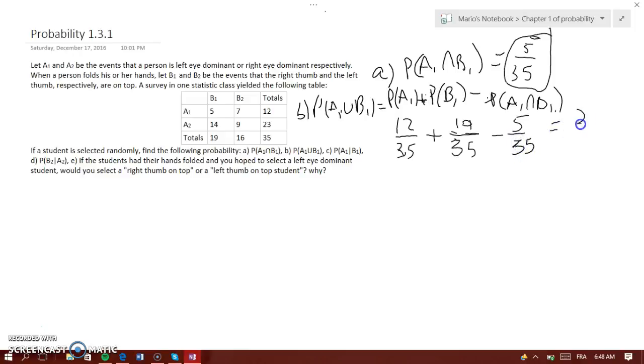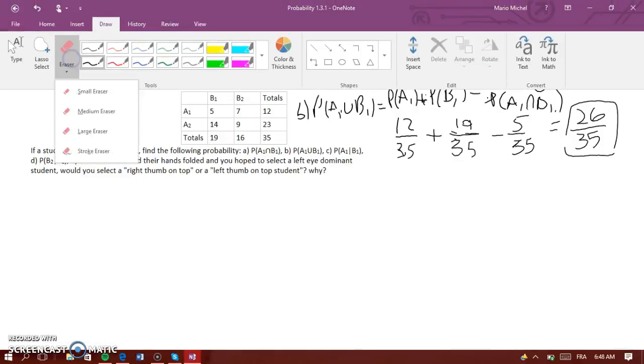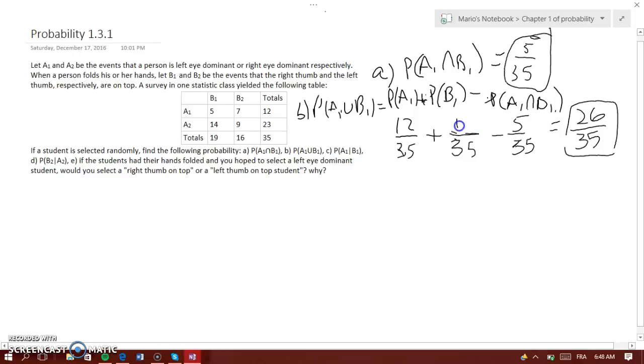That would equal 26 out of 35. So this would be PA1 union B1.